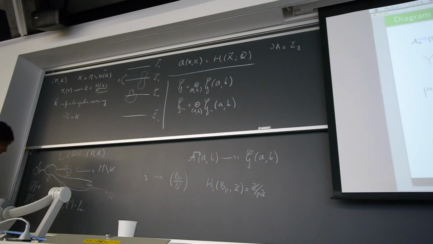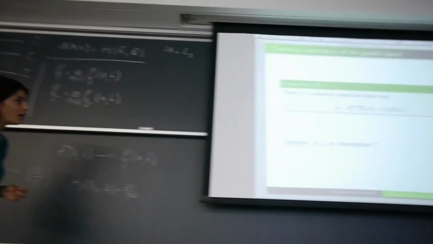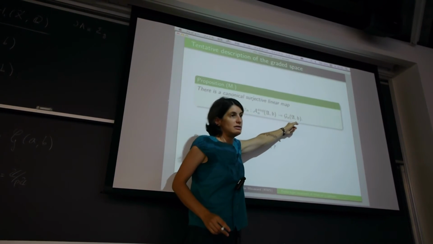So from a diagram of degree n, so with n trivial or isolated vertices, we obtain the data of n disjoint surgeries in the complement of our knot. So this defines a bracket on the associated graded space, so an element of G_n^AB. So that's why we obtain such a map from this diagram space to G_n.